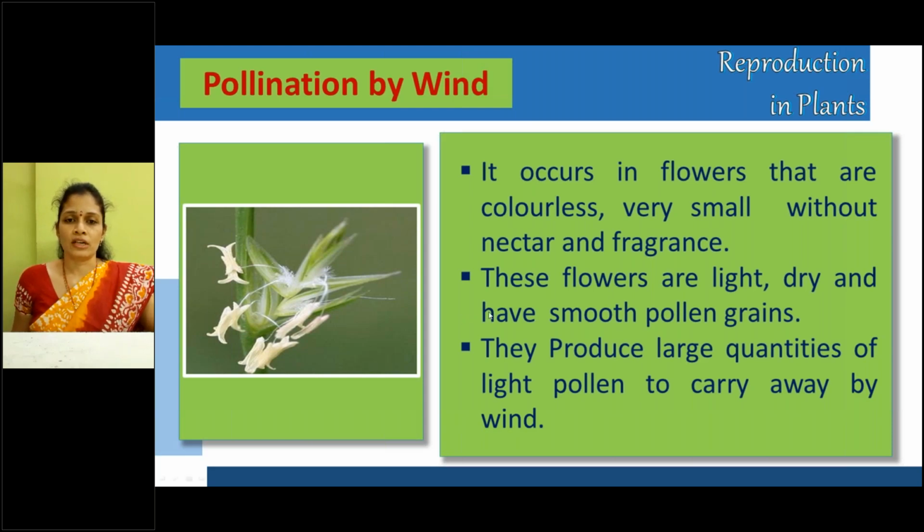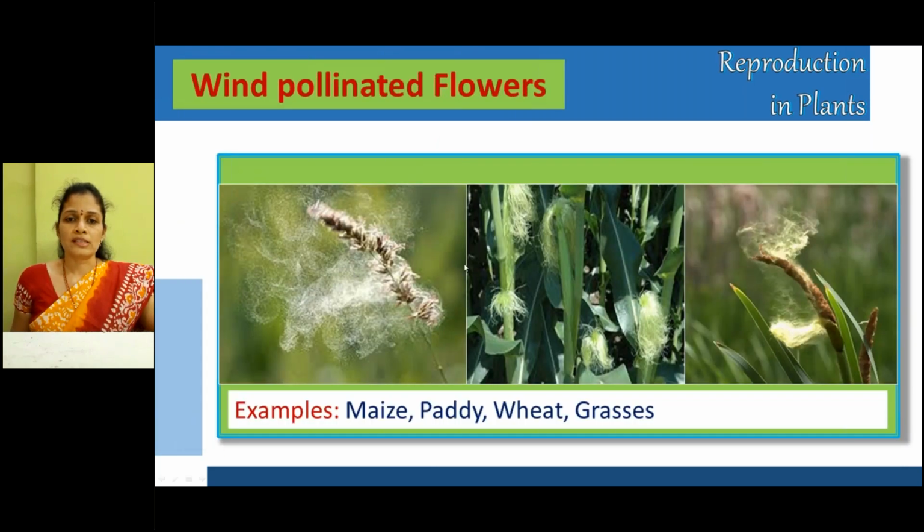Let us see some wind pollinated flowers. See here, these are some grasses which will be pollinated by wind, and this picture is of maize, and these are the female flowers. Let us see the other pollinating agent in our next slide.